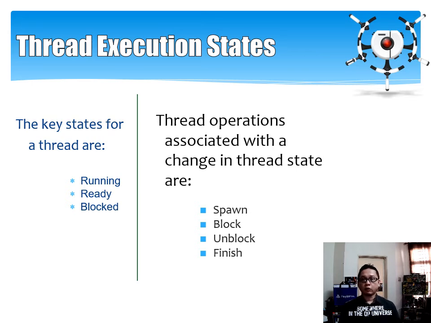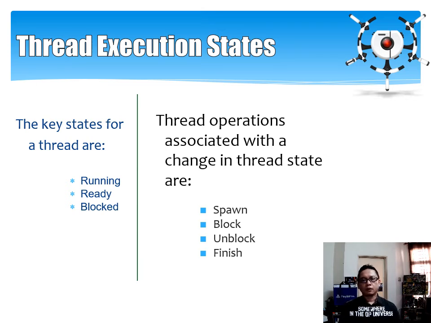Spawn basically is the equivalent of a new process for the parent process, but in terms of the thread, we name it the spawn state. So once a thread is spawned, it basically means that it needs to do something for the parent. Of course, we have block and unblock because it's the same.